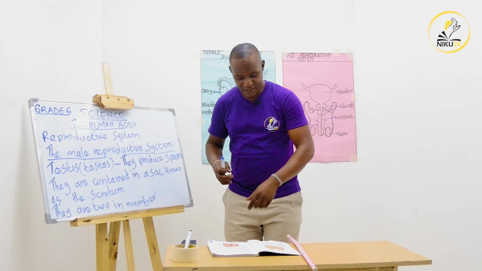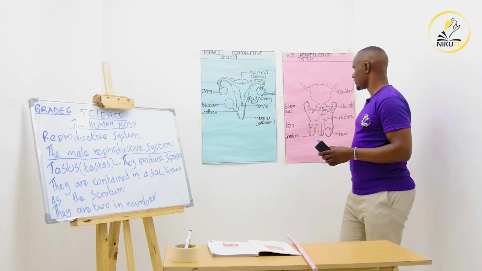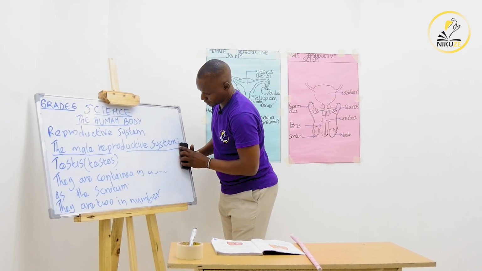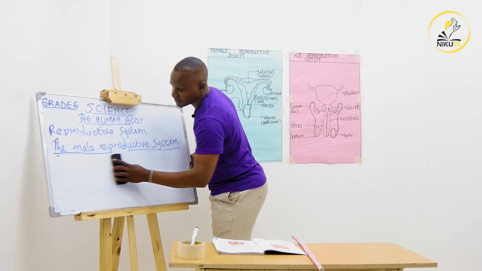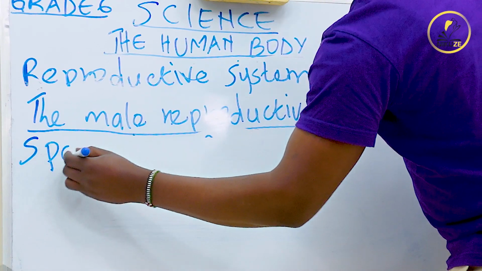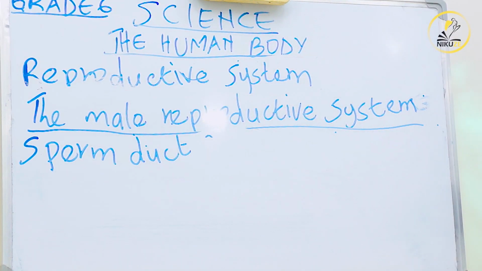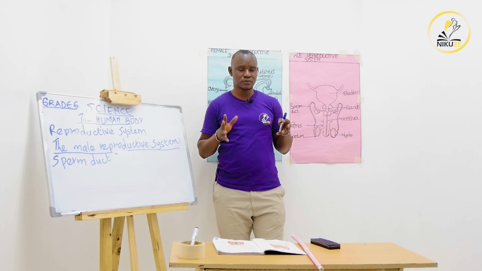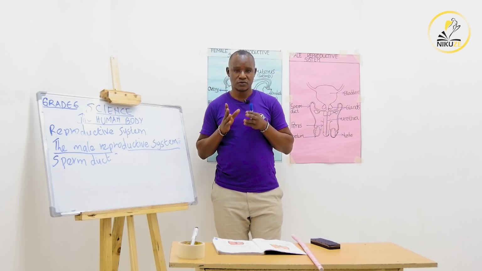And then our second part, we are going to have a look at something known as the sperm duct, as part of the male reproductive system. The sperm ducts are 2 tubes that run from the testes and end in the urethra.